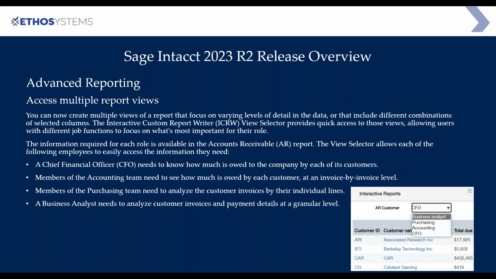There might be various fields or summarizations that someone would want to view this report in based on the role that they are within the organization. So this allows you to have one report, but various views of that report depending on who is running this report. So this is a really nice feature. I'm really excited to start using this feature in the future for any reports that I run.